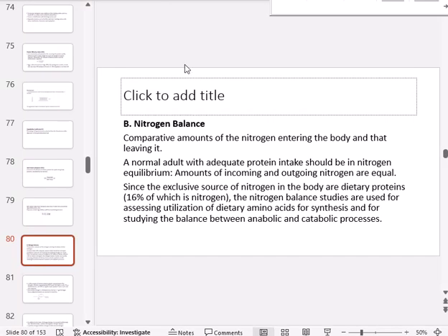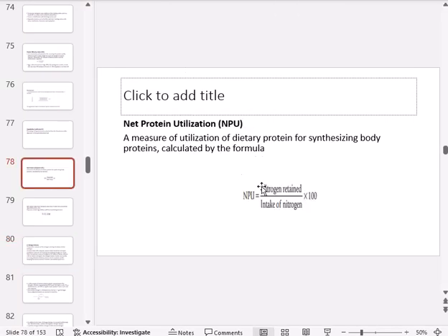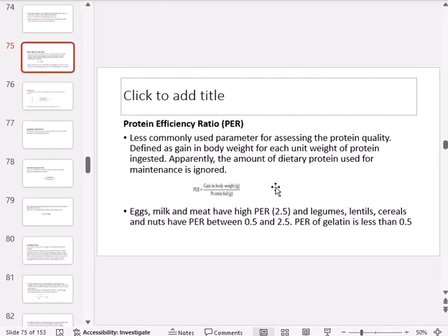Alright, so next up we ought to look at the protein efficiency ratio. Remember, these are the parameters of the protein quality that we're looking at. So we just looked at biological value, which is BV, and now we ought to look at the protein efficiency ratio.